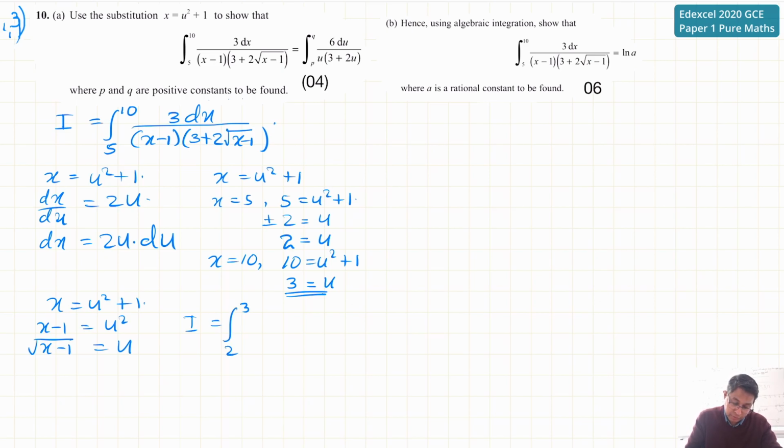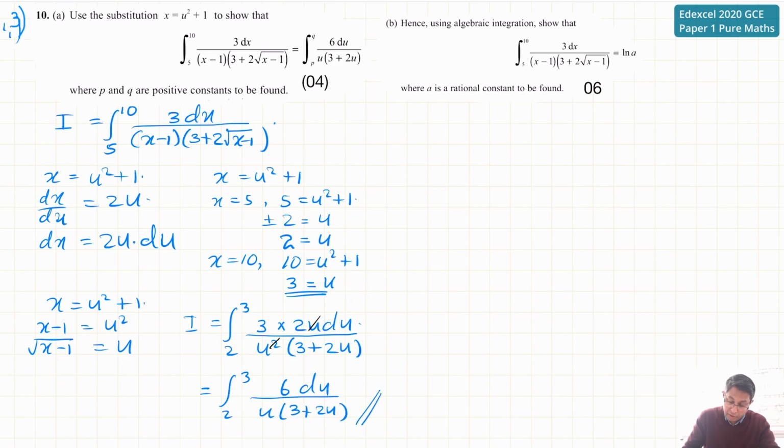You have 3 dx. dx equal to 2u du over x minus 1 equal to u square, and we have 3 plus 2 times the square root of x minus 1, that is u. You can cancel out one u here. That gives us 2 to 3, 6 du over u times 3 plus 2u. This is the required result. It's same as here, p equal to 2 and q equal to 3.